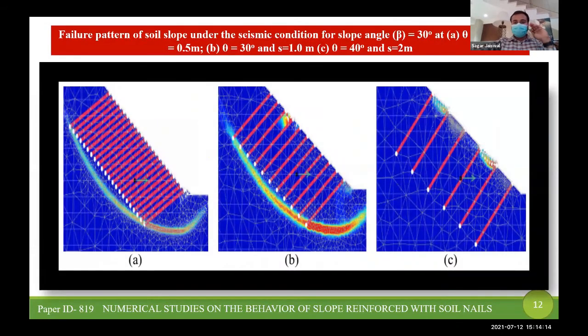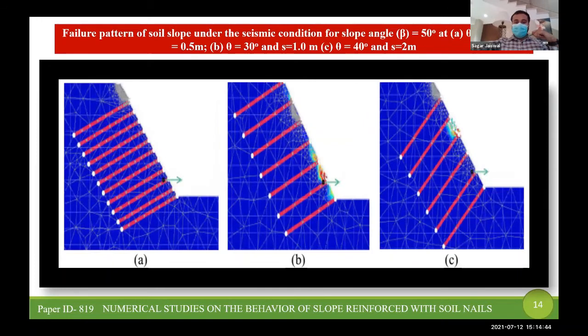Here are some failure planes that I would like to discuss. Here, the length of the soil nails does not seem to be appropriate because the passive inclusion could not be seen, and after that, the length of the soil nail has been increased in order to get the appropriate values of FS, and this has been performed for all the cases, that is for beta equal to 30 degree, 40 degree, and 50 degree.